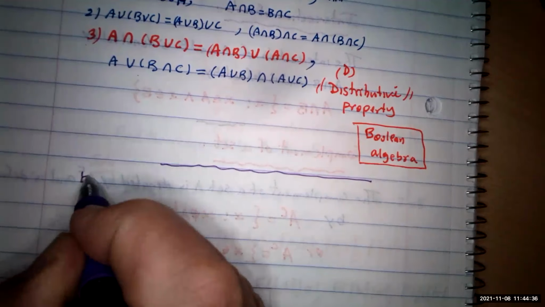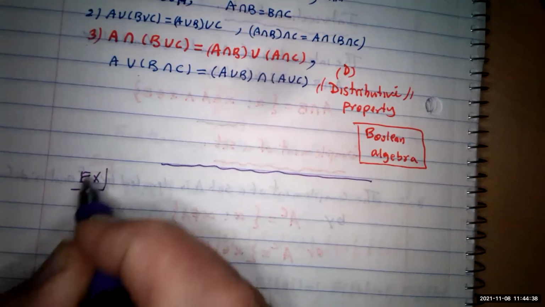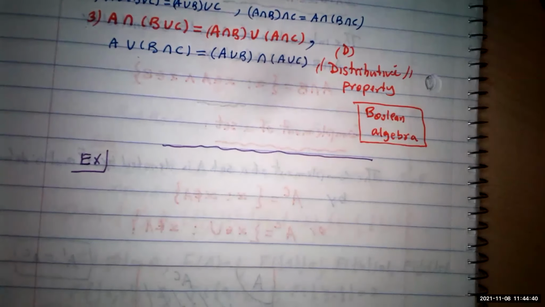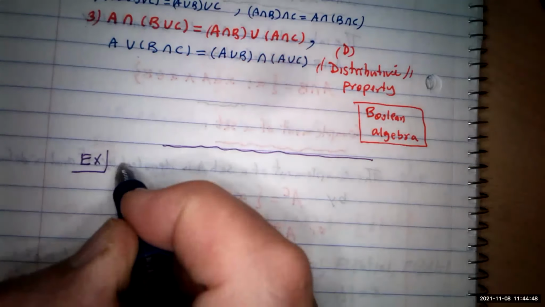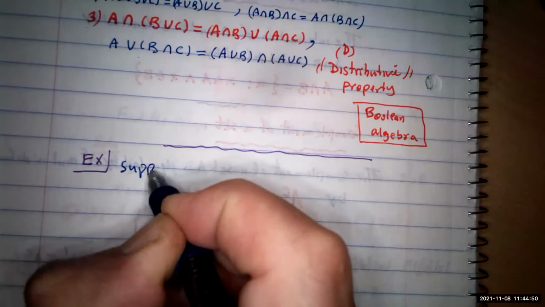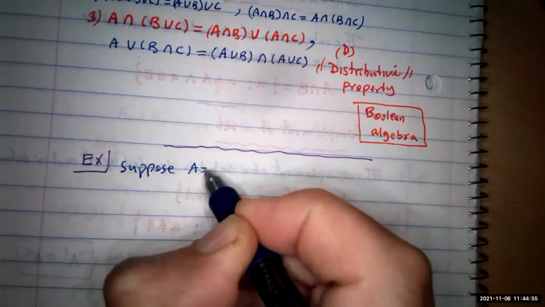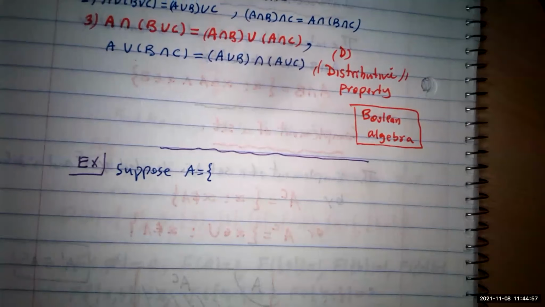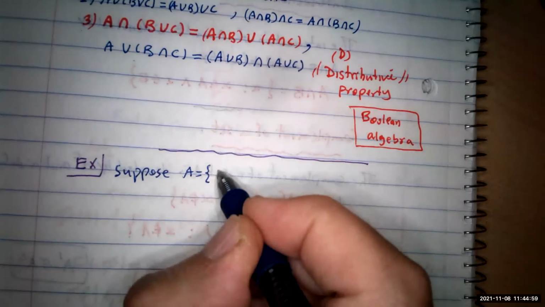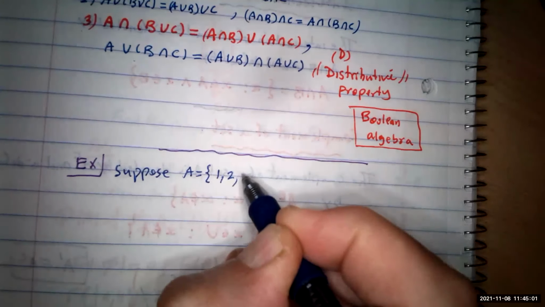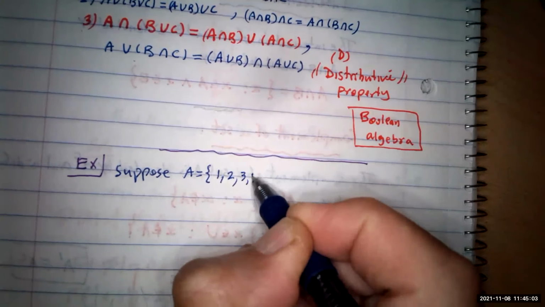So let's see how we're going to question you on this so far. This question is very easy. Even on the final, some people miss it. So just get to know it, and you should be right, straightforward with this type of example. So a couple of these sets would be given to you. Suppose the set A is equal to 1, 2, 3, 4.